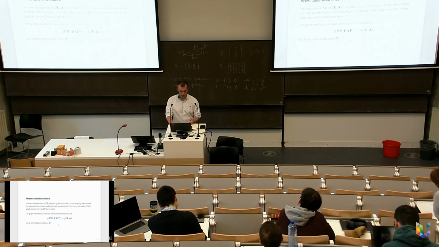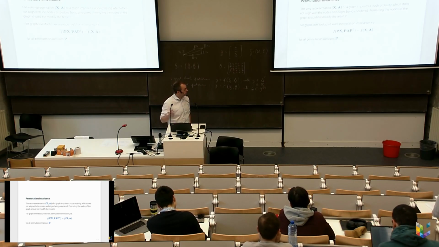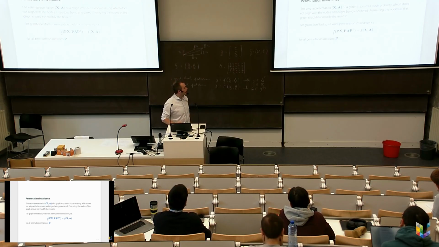So strictly speaking, for graph level tasks, we'll want permutation invariance, meaning if you compute some graph level prediction on some representation of a graph X and A, you will get some value. And what we'll require is for this value to be equal to the output of the same graph neural network applied to the permutation of the representations.